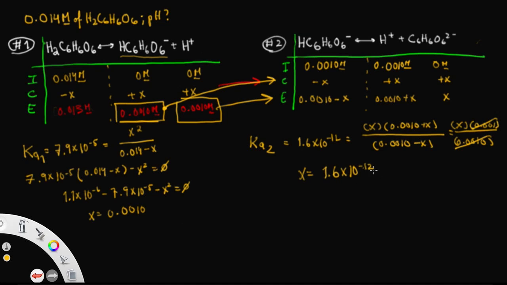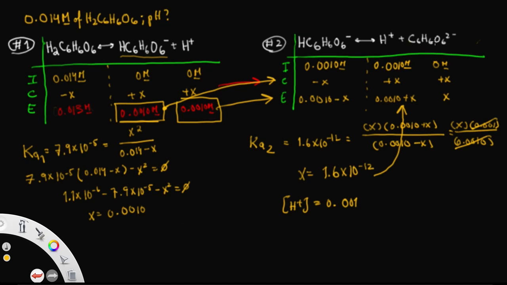And if we do this, 1.6 times 10 to the negative 12th, we can solve for our concentration over here to be 0.0010 plus x. So 0.0010 plus 1.6 times 10 to the negative 12th. And sorry, I have to type this into my calculator just like you guys are, I hope. And I get an H plus concentration of 0.001.